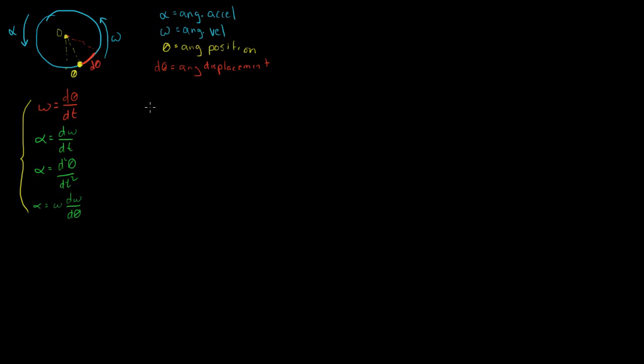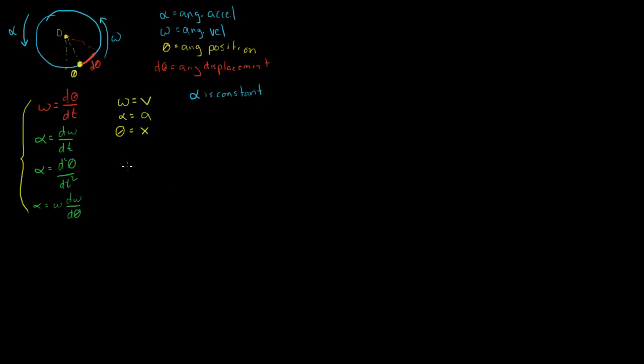So if omega is equal to our velocity, alpha is equal to our acceleration, and theta is equal to our position, we can substitute these in for the kinematic equations, assuming that we have a constant angular acceleration, so these are only true if our angular acceleration is constant.